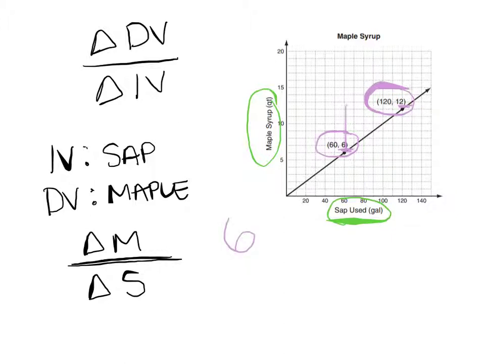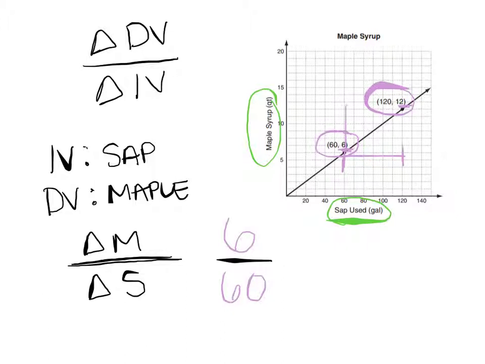It went up 6. Now, the bottom of our ratio for the rate of change needs to represent the change in the sap used. So it looks like the sap used started here at 60, and then it went up here to 120. So we used 60 gallons between those things. So we made 6 quarts of maple syrup. That was the change in maple syrup. And 60 gallons of sap were used to do this.